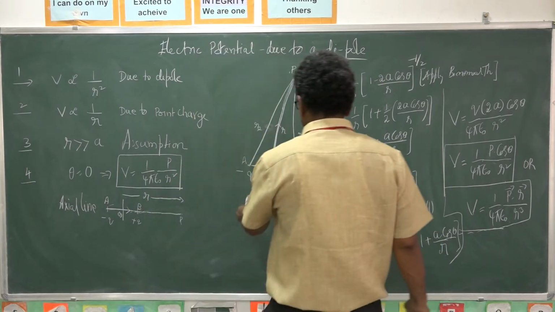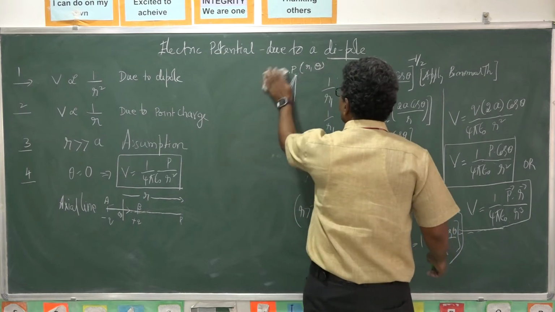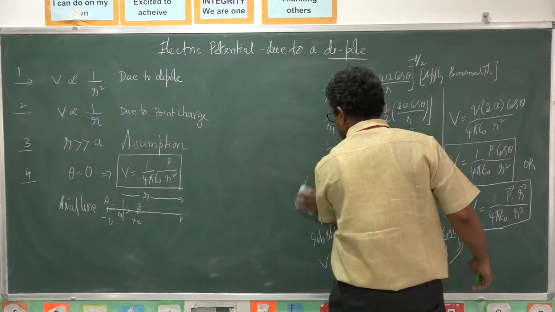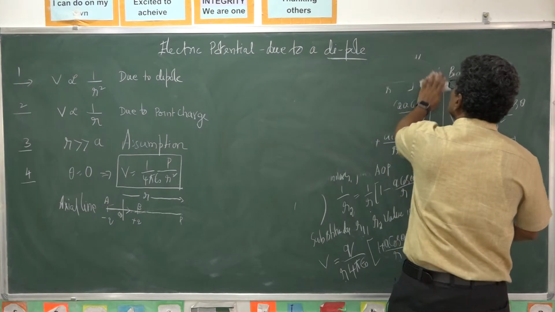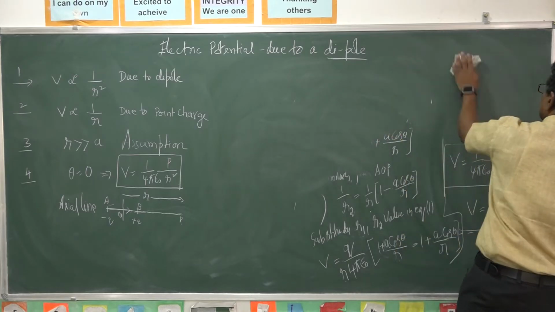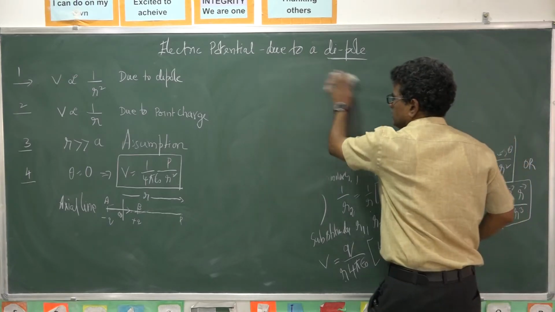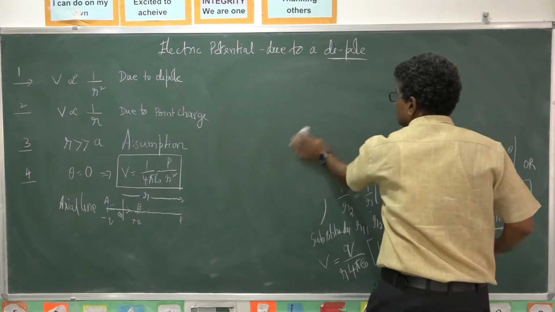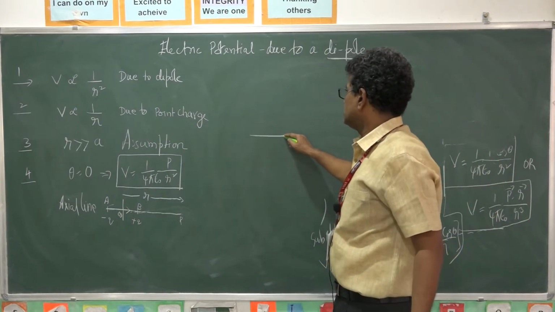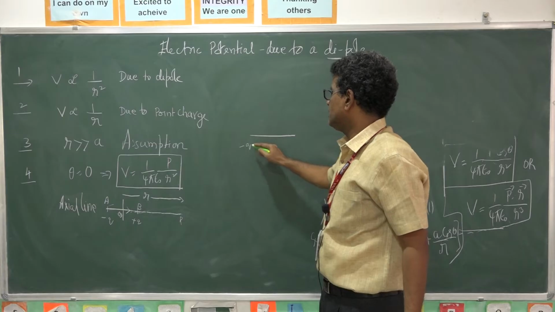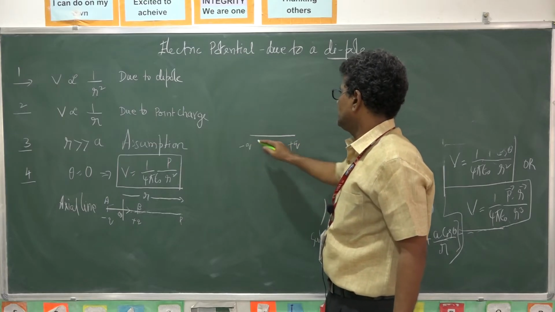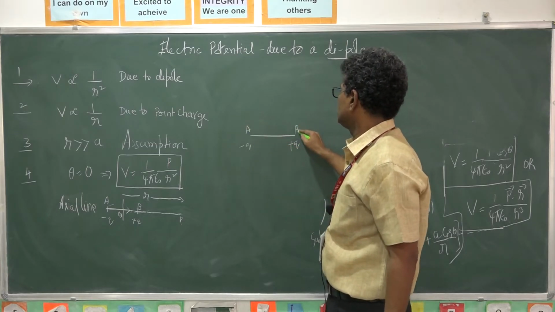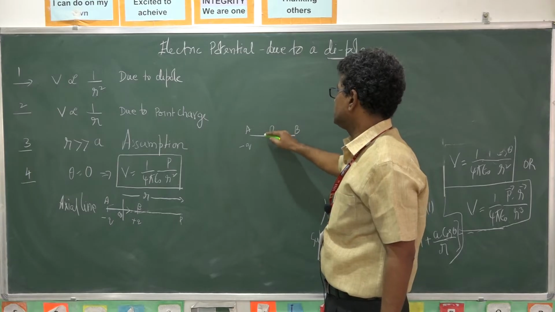The next point: if you choose a point on the equatorial line, the perpendicular distance. What is the equatorial line? So this is a dipole, minus Q plus Q. AB is a dipole. This is the center.